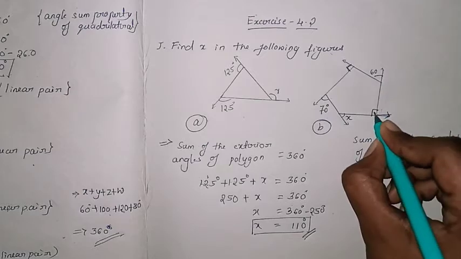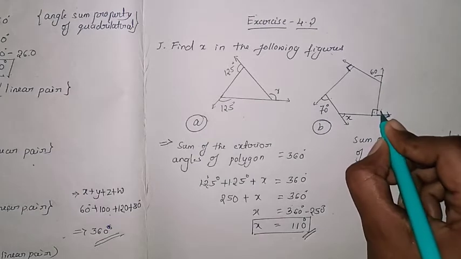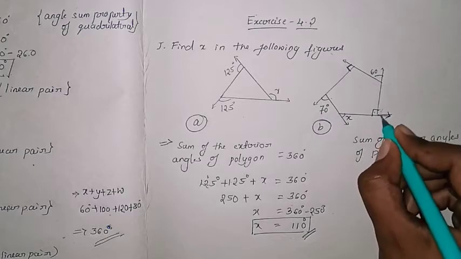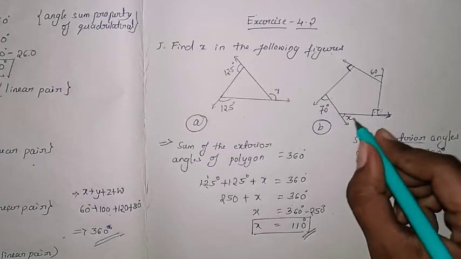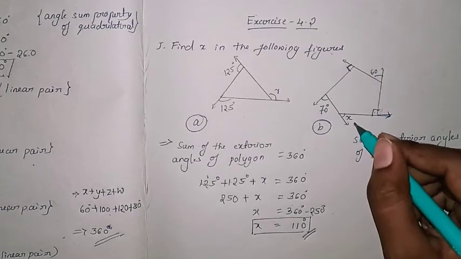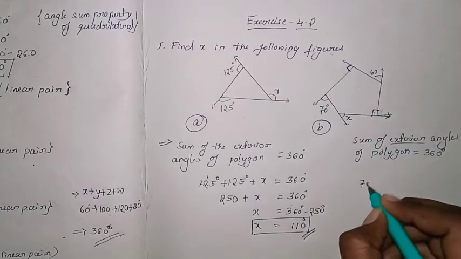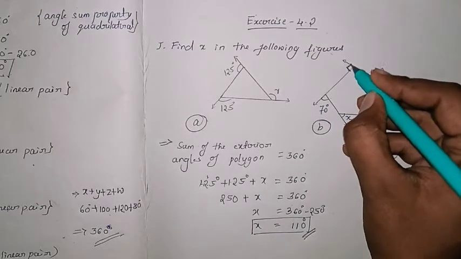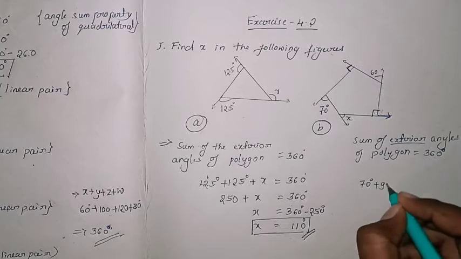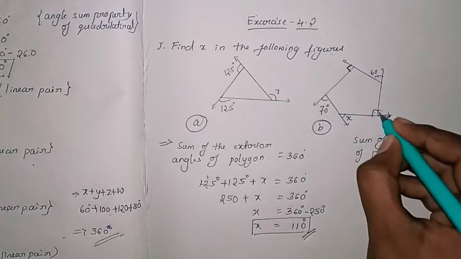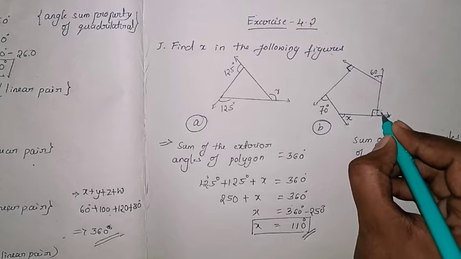Yes, definitely, because this is 90 degrees, so 90 plus 90 is 180 degrees, so this angle is also 90 degrees. Then x you don't know, that you have to find. So the first one is 70 degrees, this one is 90 degrees, then 60 degrees, and this one is 90 plus 90, which is 180.